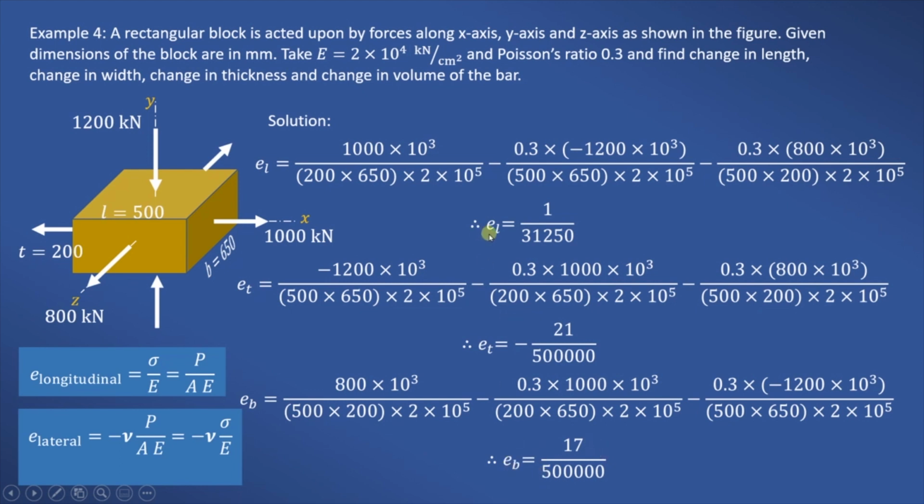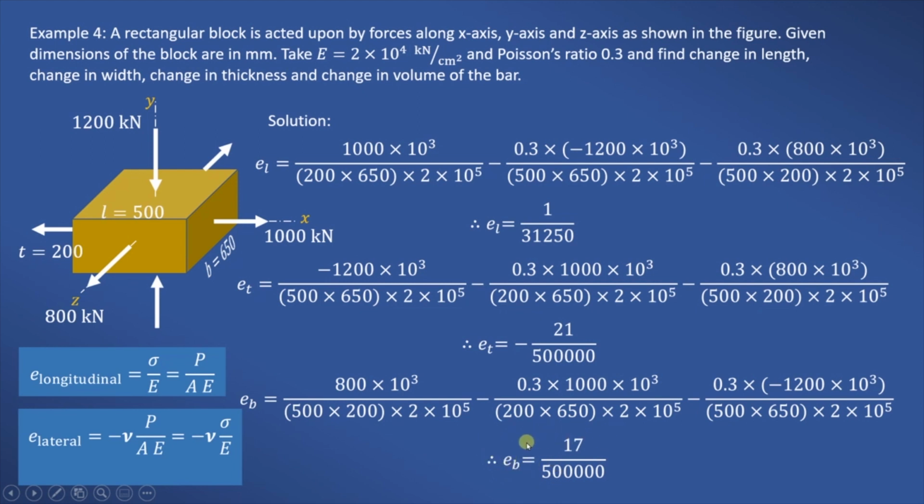Now we have found out strain in length. It will help you to find change in length. We have found out strain in thickness. It will help you to find change in thickness. And we have also found out strain in width here. And this will help you to find change in width. But what about change in volume?